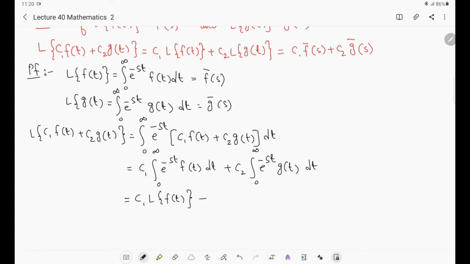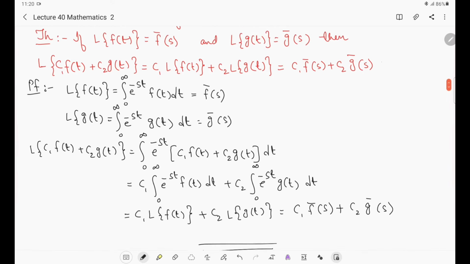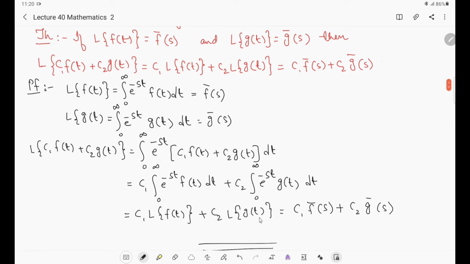The same way, C2 into Laplace transform of g of t, which is nothing but C1 into f bar of s plus C2 into g bar of s. So this is what the linearity property of Laplace transform says.